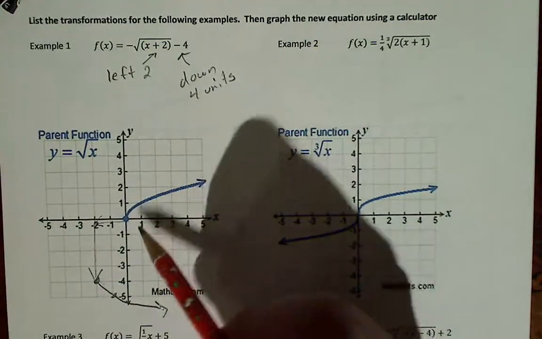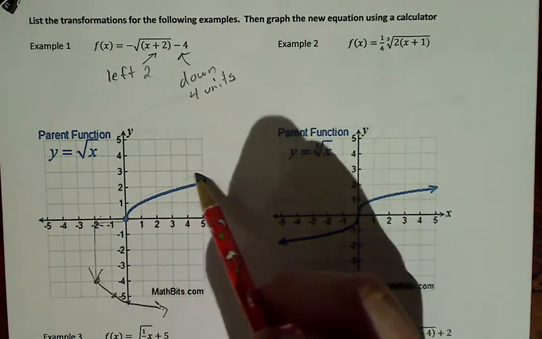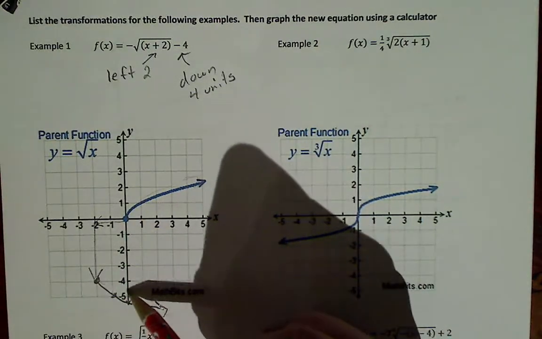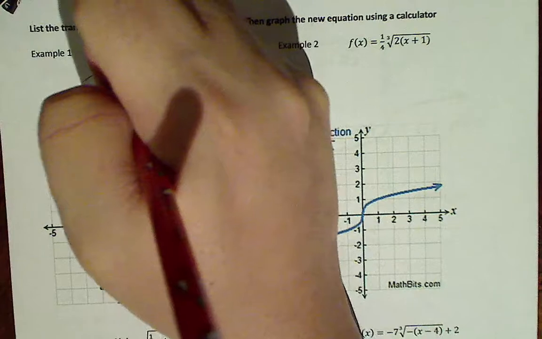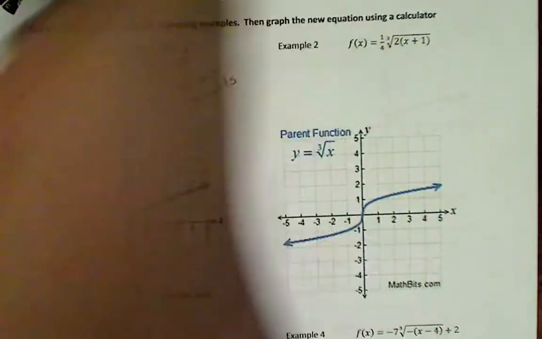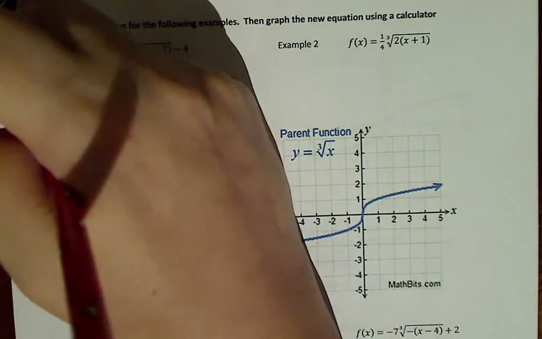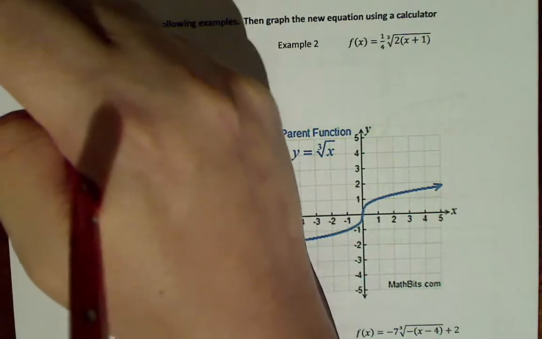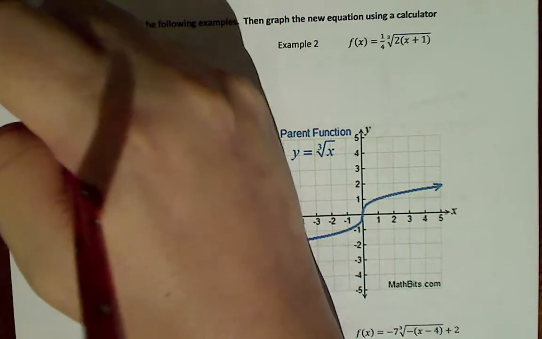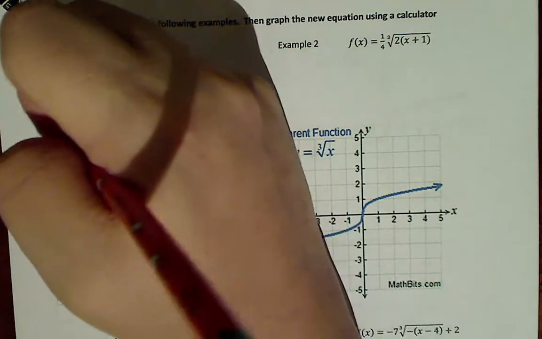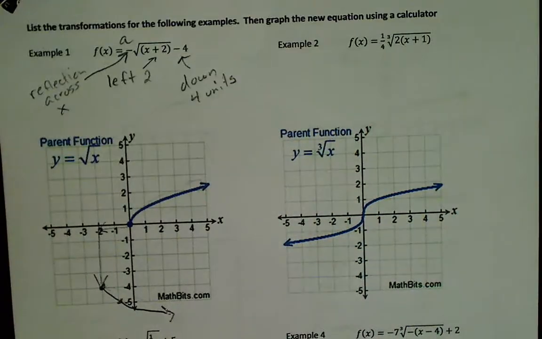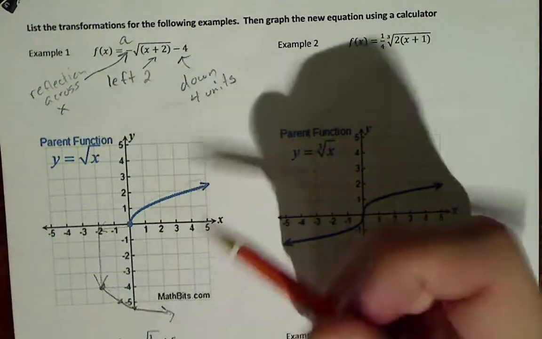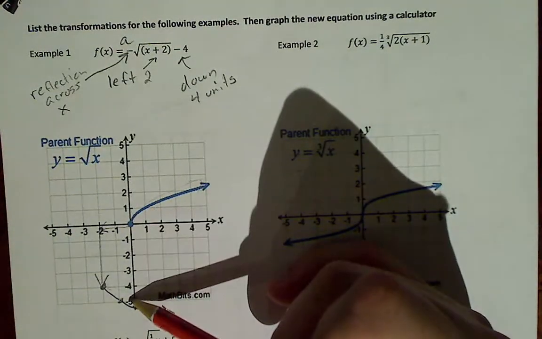And then the other thing also you notice is that this one goes up this direction, this one goes down this direction. And so what happens is this negative right in front, which is an A value, is a reflection across X. Now, one thing I want you to understand is that not everything's going to look like a reflection across the X where it goes from here to here.